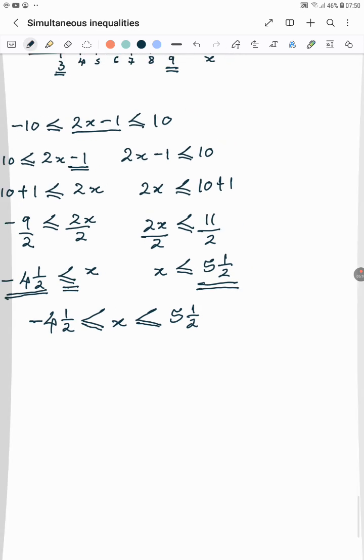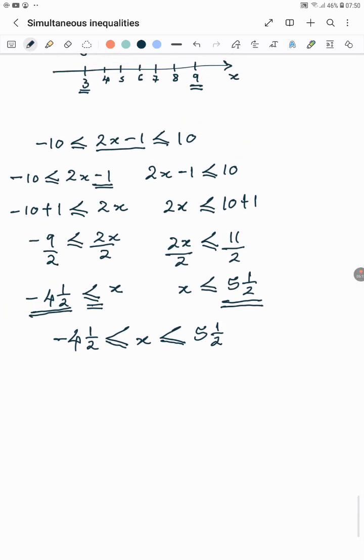And if you represent your solution on a number line, you're going to indicate that on this number line we're dealing with values of x, and our upper limit is going to be 5.5, and our lower limit is going to be minus 4.5. And these signs that we have here are represented by a shaded circle, both of them.